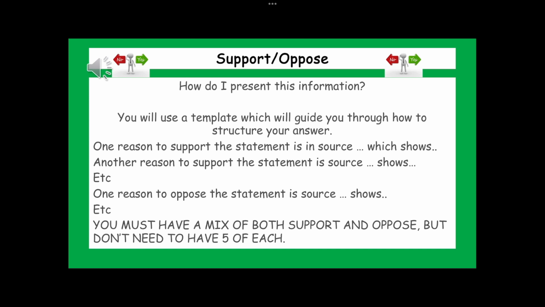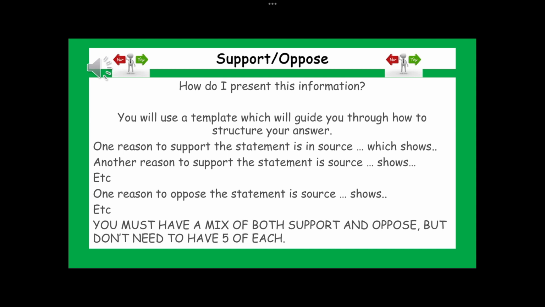Alright, and then after that I'd use a second piece of evidence and say, another reason to support the statement is in source C, which shows, and again you're quoting the exact wording of the source. Alright, if you're using a graph or stat from the source, be very, very careful to use the correct figures and make sure that you're using it properly.